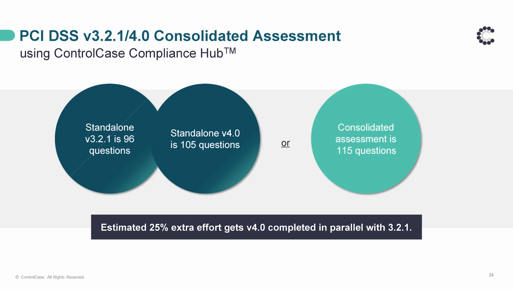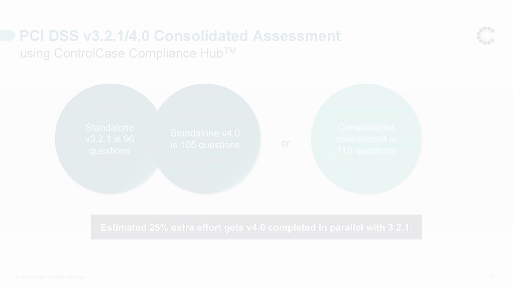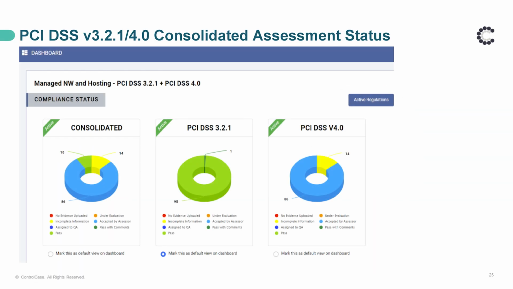So that's a good effort saving, right, and gaining the efficiency in comparison to when you do this assessment separately, especially when you do a standalone version 4 assessment, the effort will be much extra than when you do it with 3.2.1.